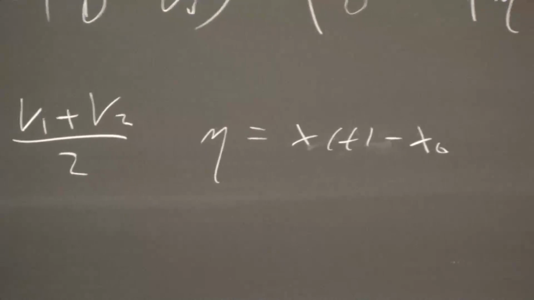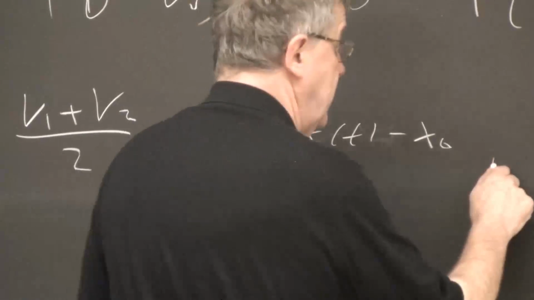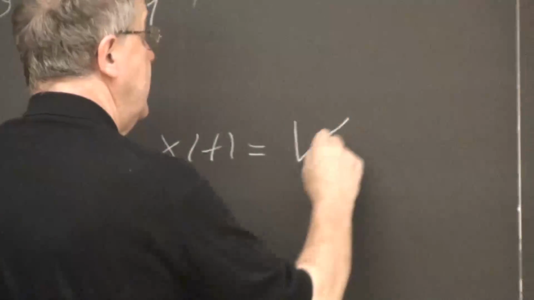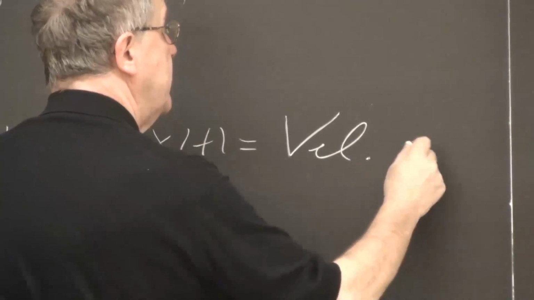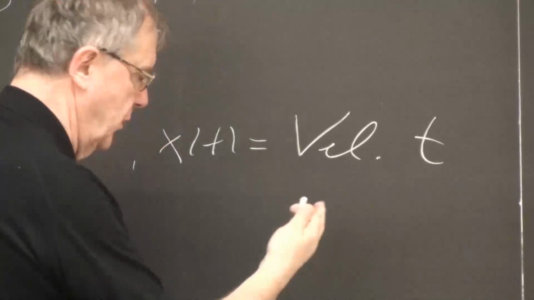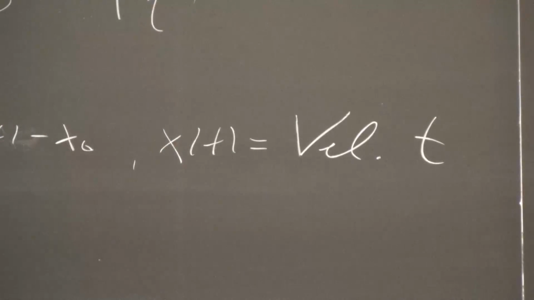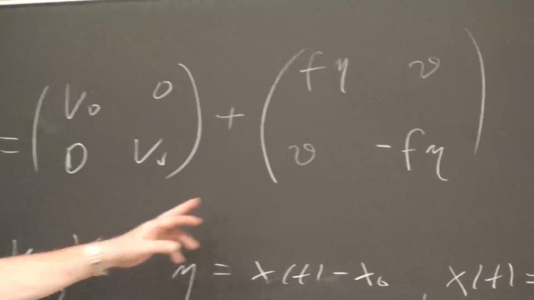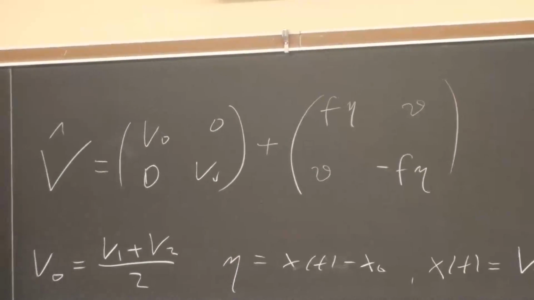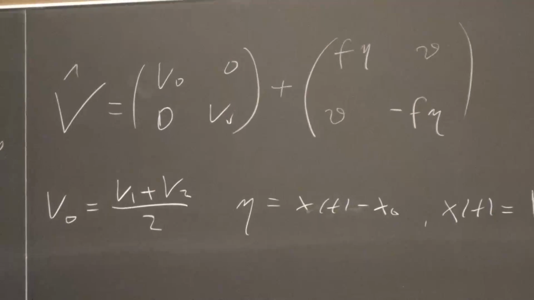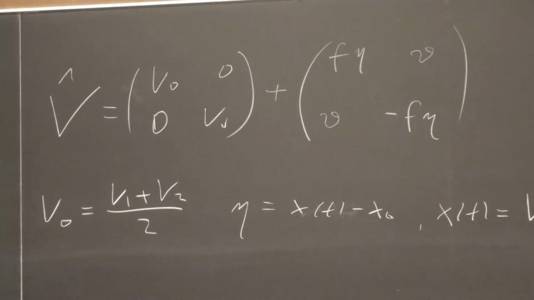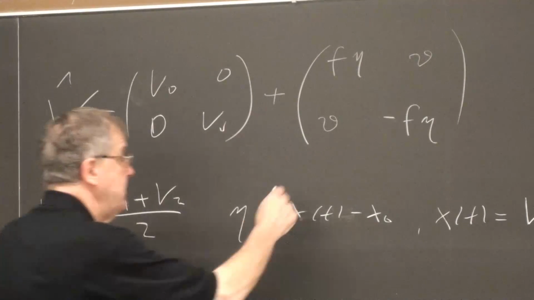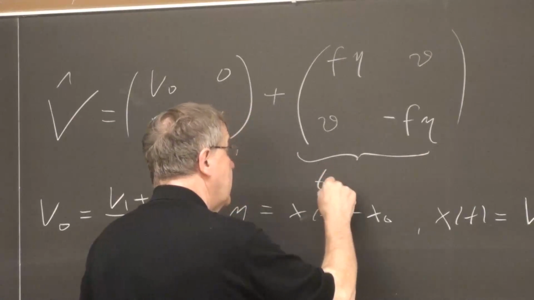And now what I do is I make x of t equal to velocity times t. So I use this funny notation because I have capital V1, V0, and then this small v. I want to be sure that we don't get confused: what is velocity, what is interaction, and so on. So I write it like this. So now this is a time-dependent perturbation.